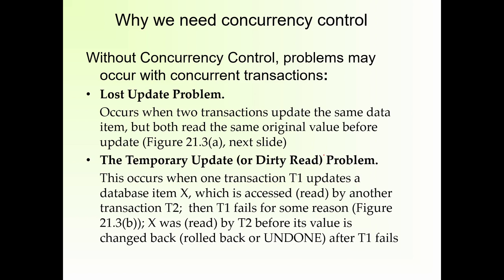For example, I'll take the bank transaction only. Two users are there, user A and user B. Now user A wants to transfer 500 from user A to user B. In user A's account you have a balance of 1000, and in user B's account you have a balance of 2000.